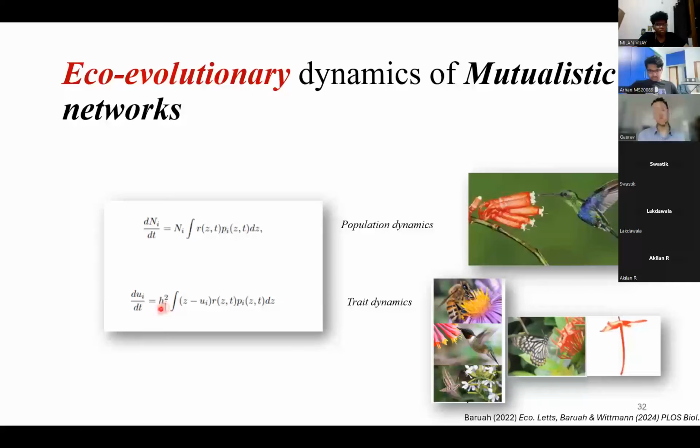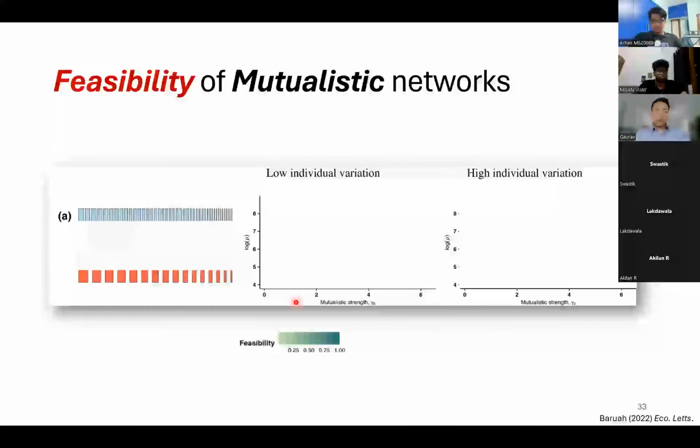If h square is, let's say, 1, you are very similar, for instance. And this is the trait dynamics. Okay, so these are the ecological dynamics and the evolutionary phenotypic dynamics. Now we model such networks over time, and then we try to understand feasibility.